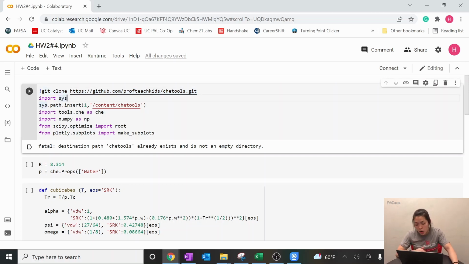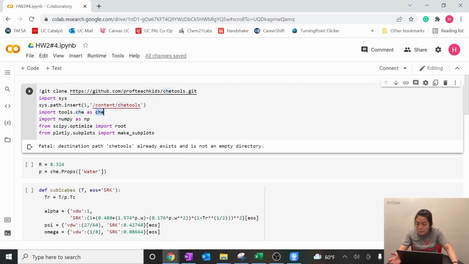We used it for our water properties, and then we imported sys, which allows us to find the information very quickly, and then we imported the tools from this URL as che.